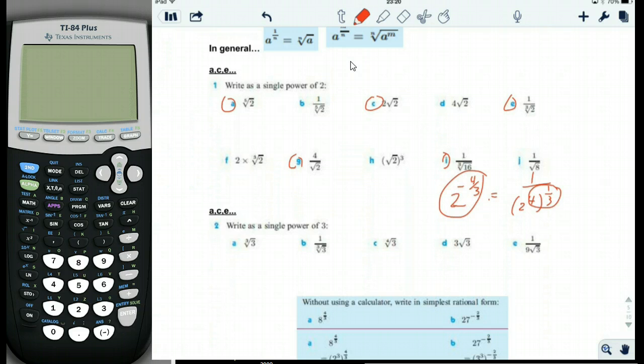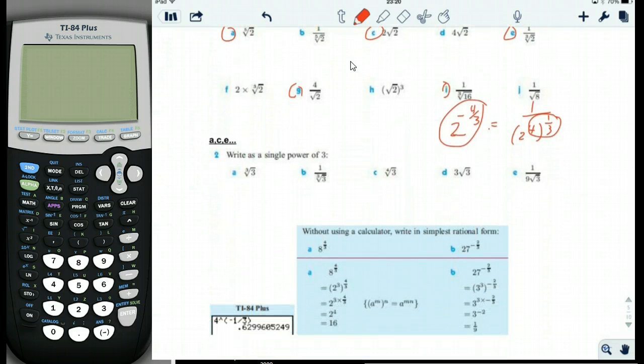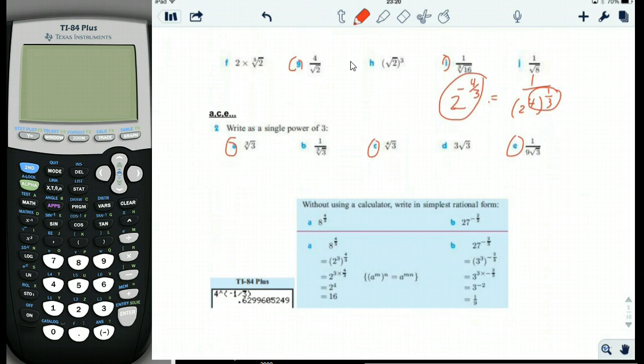Let's see. This one also we're going to do A, C, E. Write as a single power of 3. That's 1 over 3 times the square root of 3. Square root of 3 is 3 to the 1/2. So 1 over 3 squared times 3 to the 1/2.